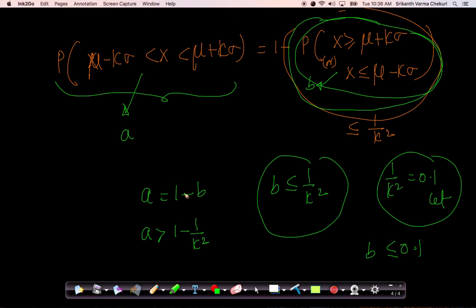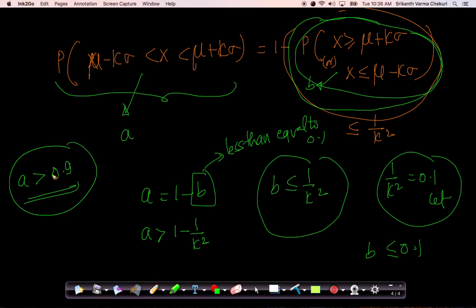If B is less than or equal to 0.1, then what can we say about A? We can say A should be greater than or equal to 0.9, because the maximum value I'll subtract from 1 here is 0.1, because B cannot be greater than 0.1.